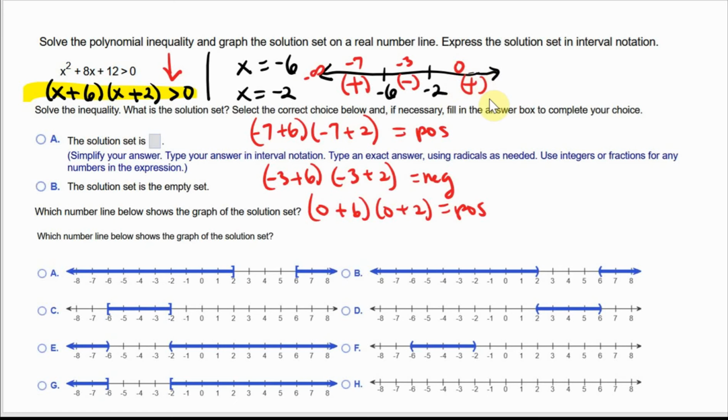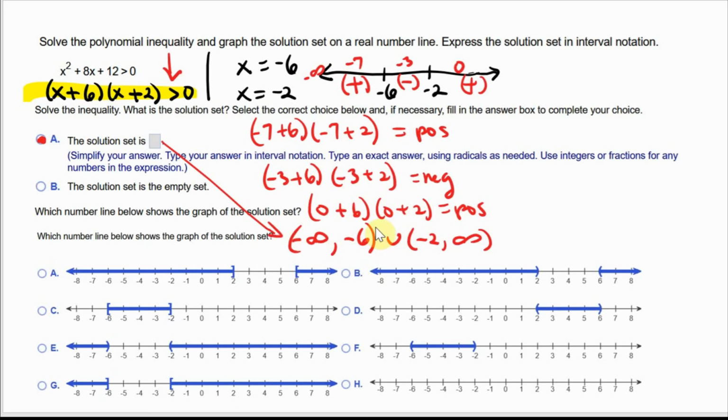And that doesn't include the endpoints. So we want -infinity to -6. That's one interval that's positive, union with -2 to positive infinity. So you'll plug that in for A. And then let's see if we can pick out.